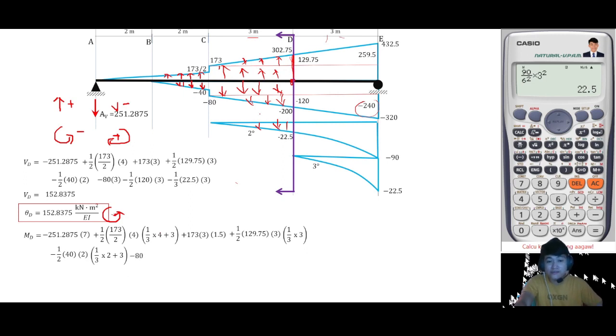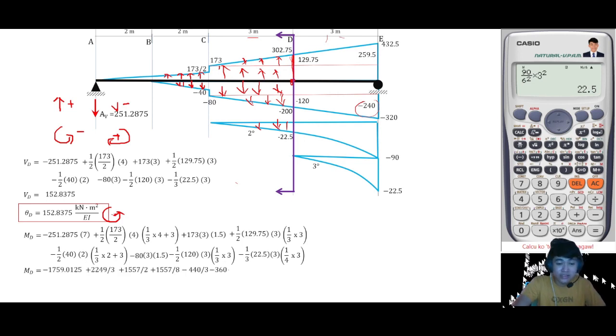Rectangle, counterclockwise then: 80 times 3 times 1.5. Triangular, 1/2, counterclockwise, and then the distance. Spandrel is 1/3 of the base times height, then the distance is 1/4 of the base. This will be the moment, but it doesn't fit in the calculator, so just get every term.